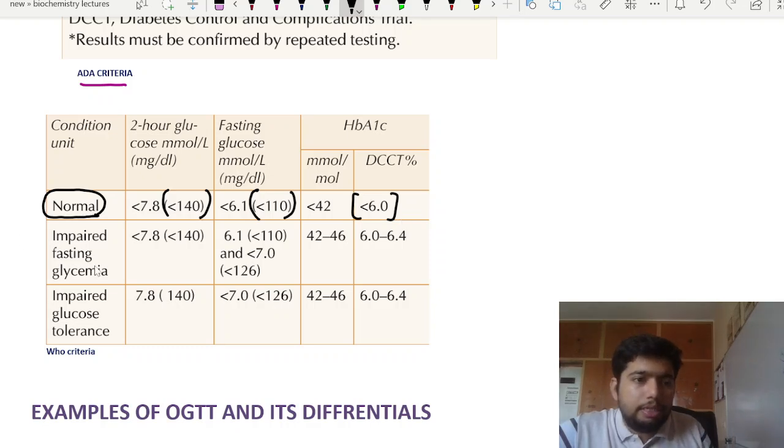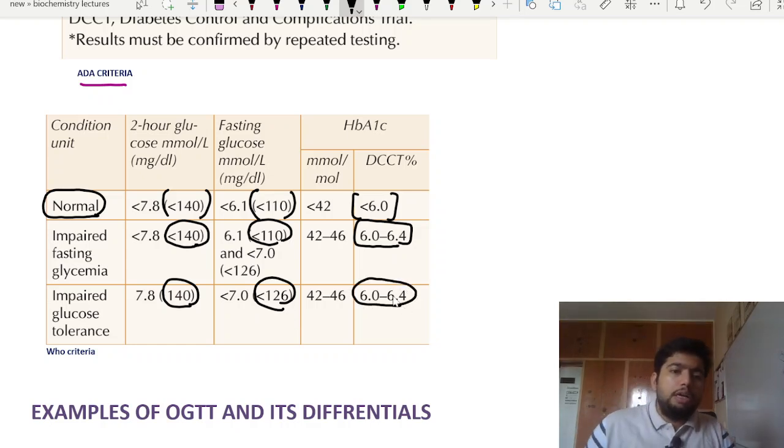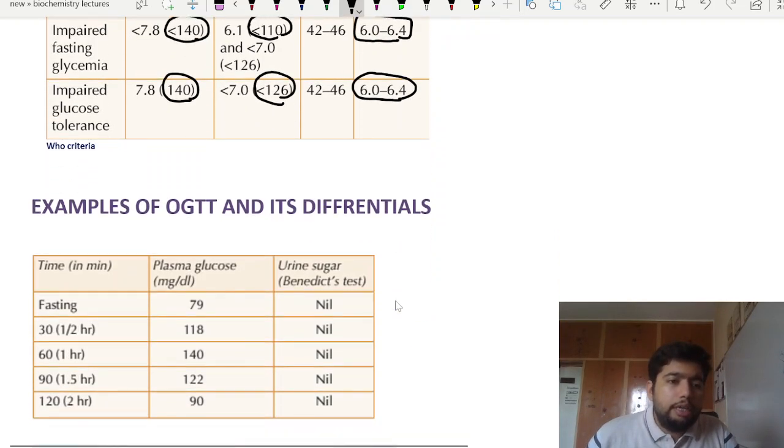Impaired fasting glycemia, okay, you should diagnose if the pp2bs value is less than 140, fasting blood glucose less than 110, and your HbA1c is 6 to 6.4. Impaired glucose tolerance, you should diagnose at pp2bs 140, fasting blood glucose less than 126, and HbA1c is actually 6.0 to 6.4. Now we will take the examples of OGTT and its differential.